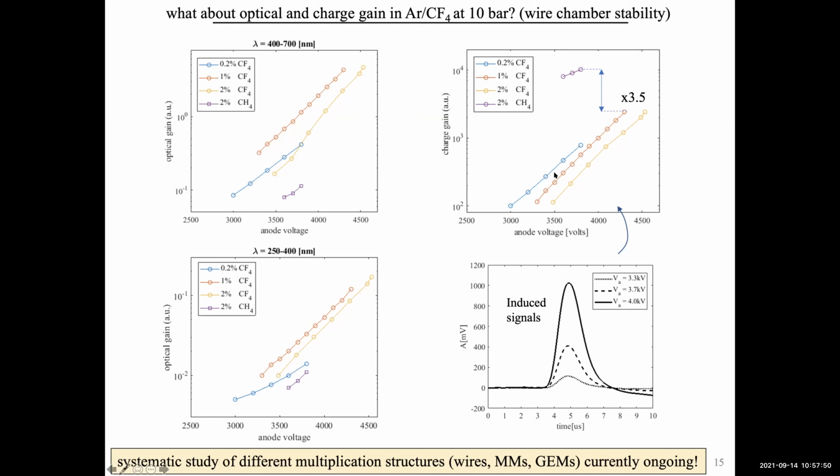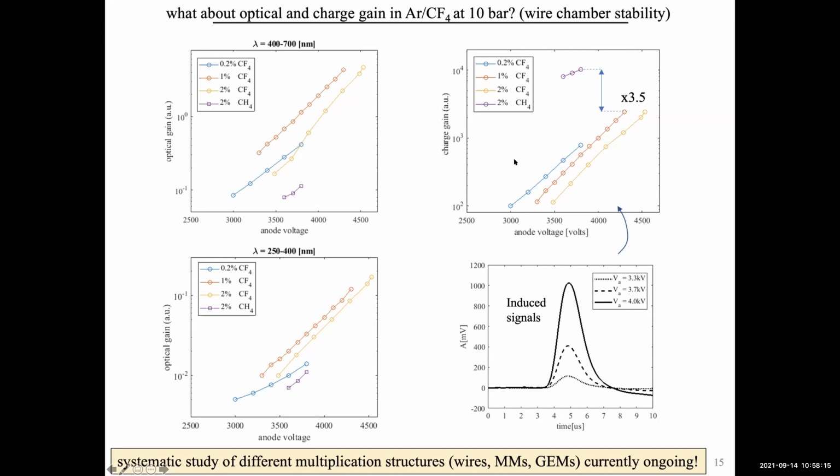So we just gave a fast look at the situation, from 0.2% CF4 up to 2%, and a comparison with P2. Clearly you get a higher gain with P2. It's a better quench gas because there is very little UV scintillation, but the deterioration seems to be around a factor of 3.5 or so. That is probably tolerable.